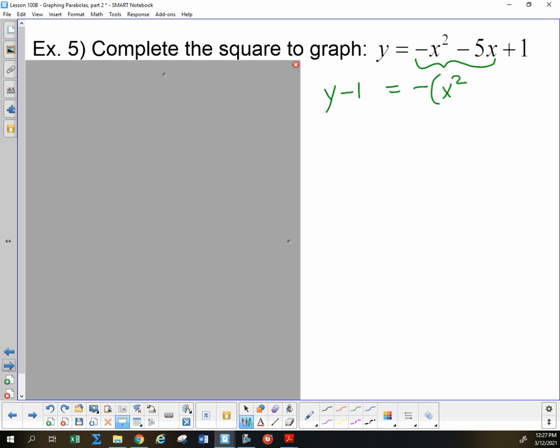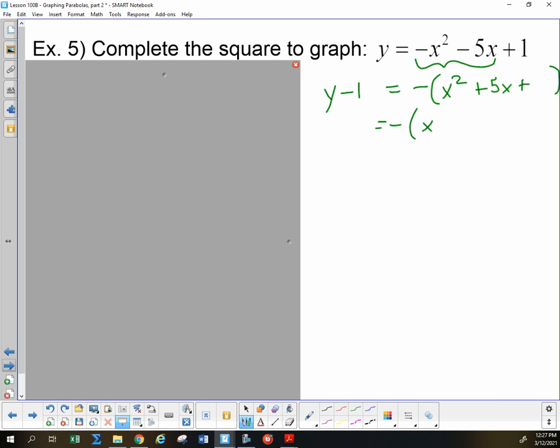If we factor the minus 1 out of the minus x squared, we factor it out of the minus 5x, so we have a plus 5x, and we leave room inside our parentheses for whatever it is that we need to add. So we keep the minus sign in front of the parentheses.